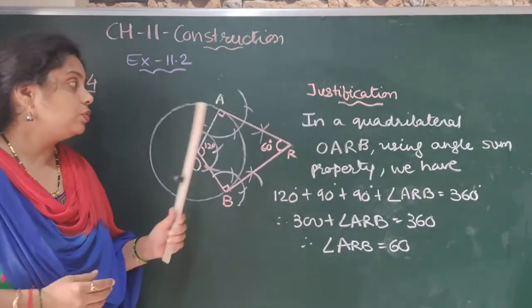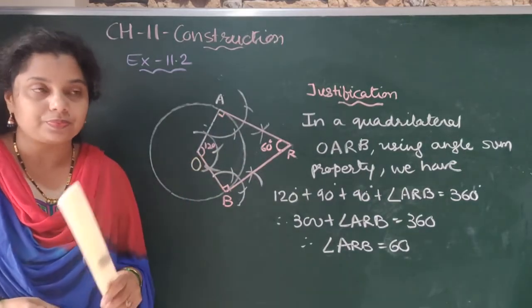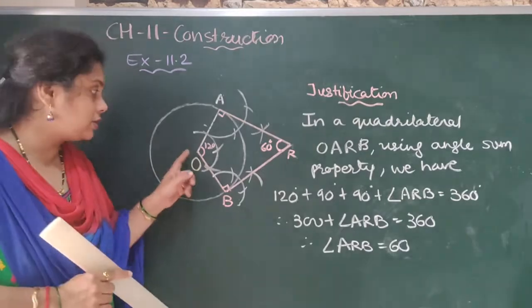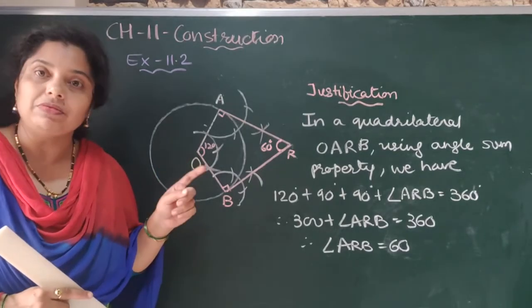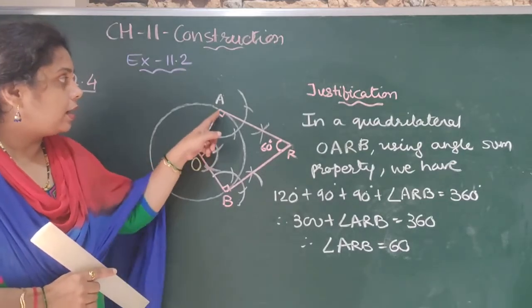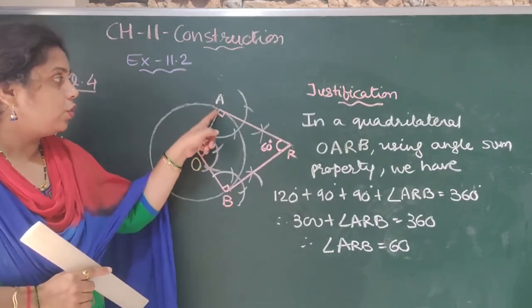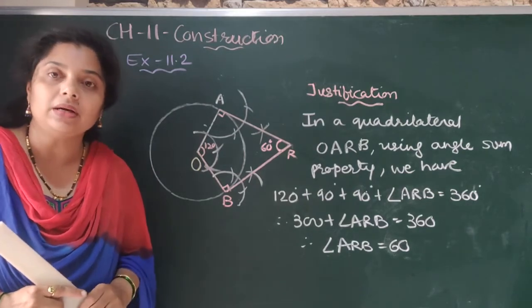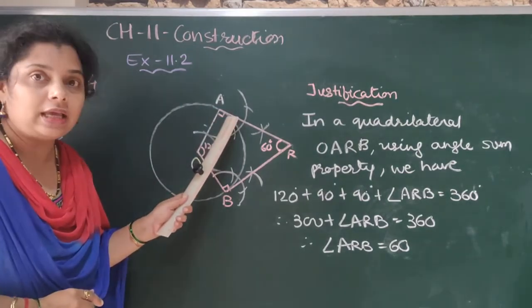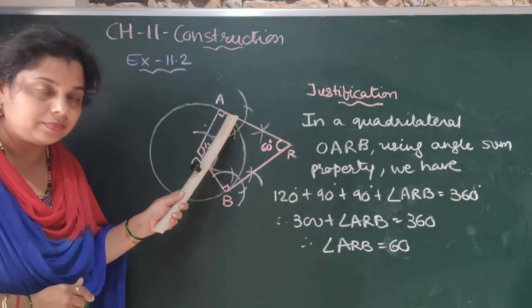So how to write down the steps? First step: draw a circle of 5 centimeter radius. Second step: join OA and make a radius OA. Create angle A equal to 90 degrees.